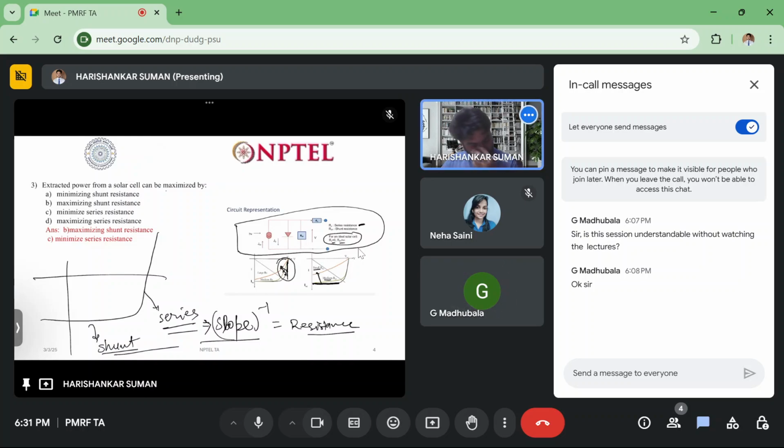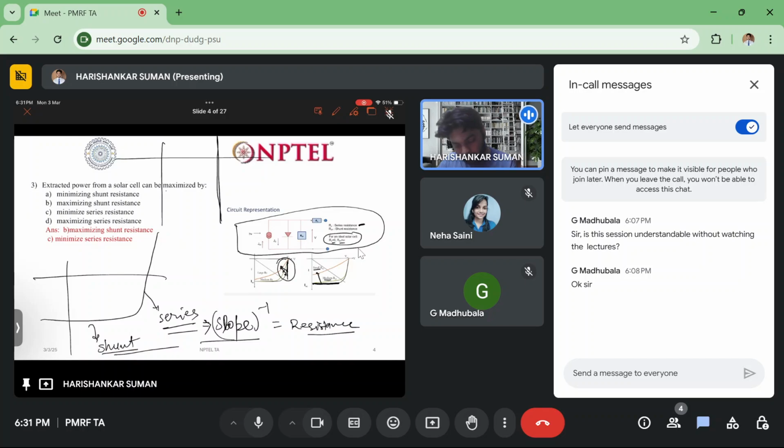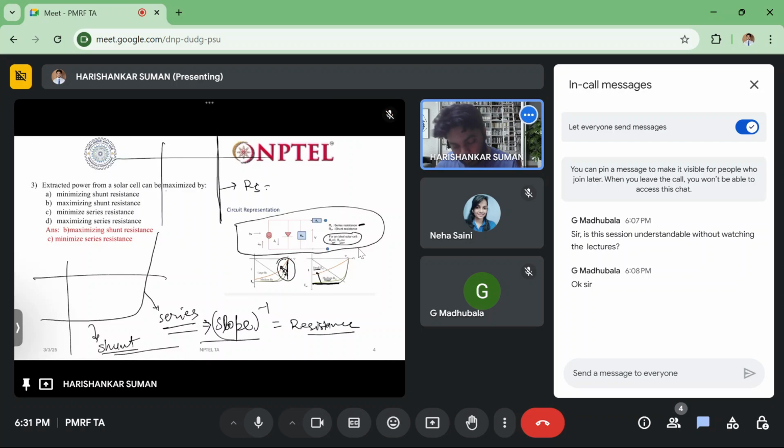Okay, so if the curve is like that, then series resistance equals 0, and the line parallel to the x-axis has shunt resistance equal to infinite. This is the ideal case.